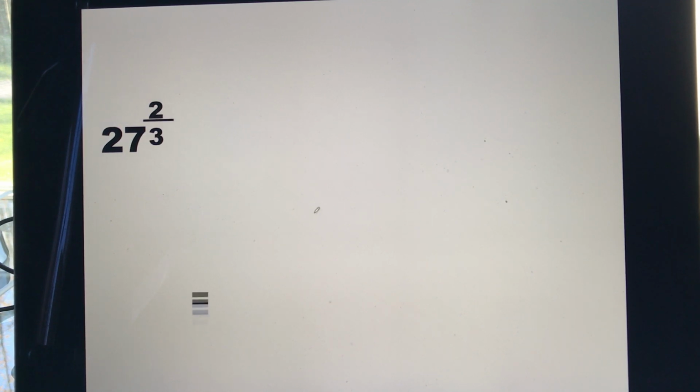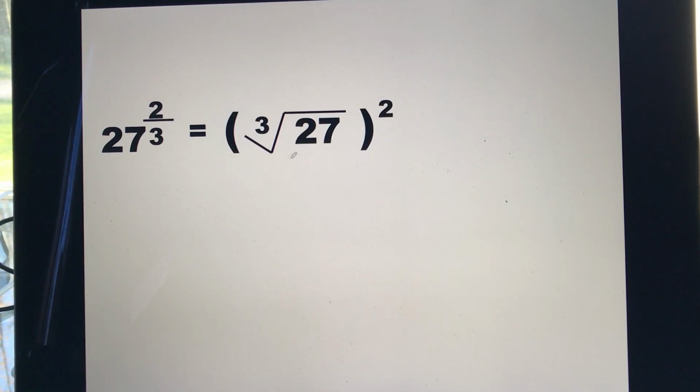Okay, similar idea here. 27 to the 2/3 is tricky for us to understand. However, if I convert this into radical form so I can see it, the bottom number becomes the root, and the top number stays the power. So this is saying the third root of 27, squared. I need a number I multiply by itself 3 times to get 27.